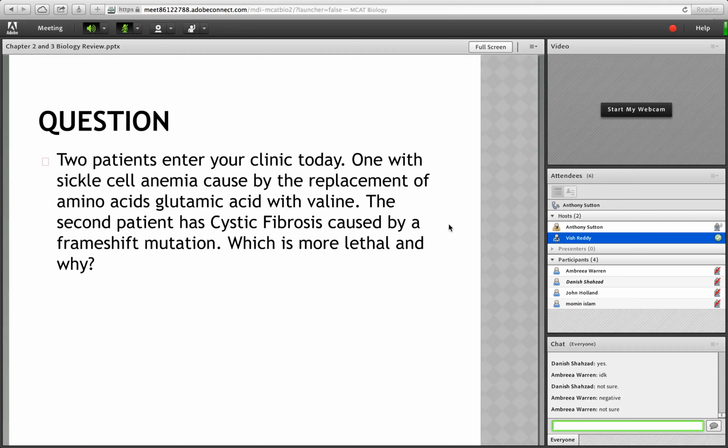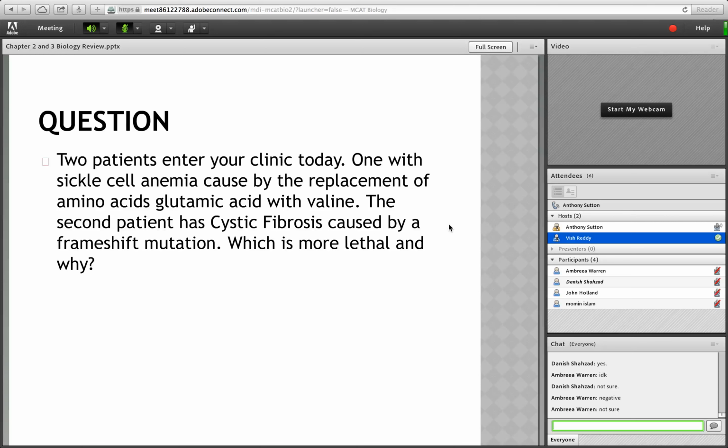Okay, raise your hand if you want to take a shot at it. Anybody want to take a shot? All right, go ahead, John. Cystic fibrosis is more lethal because it's a frame shift mutation, so it alters the reading frame.